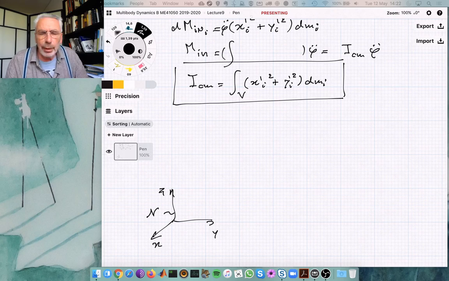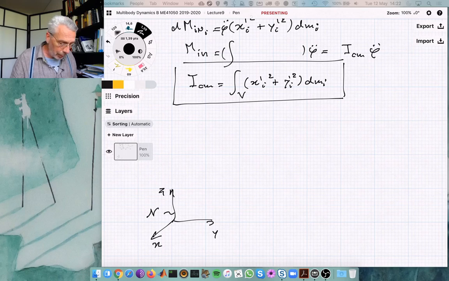So for the inertial frame we use N. Of course, you can also call it bicycle bell, but we call it inertial frame, N.